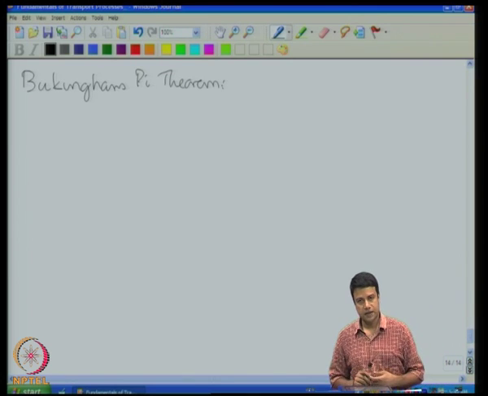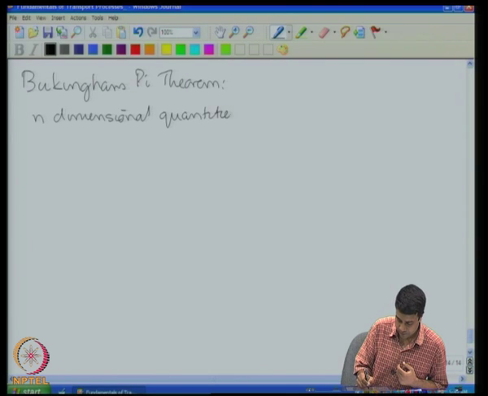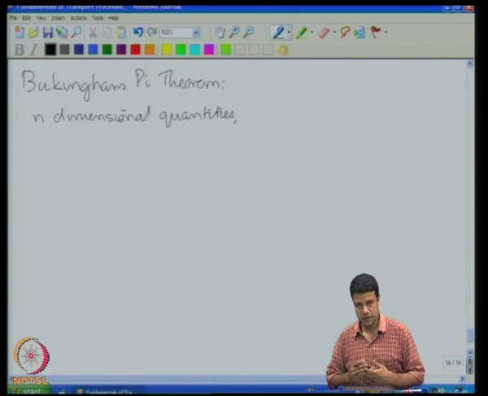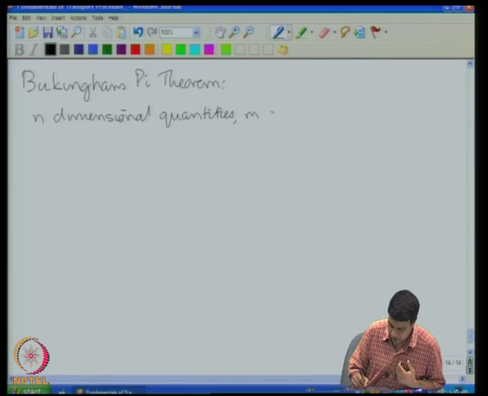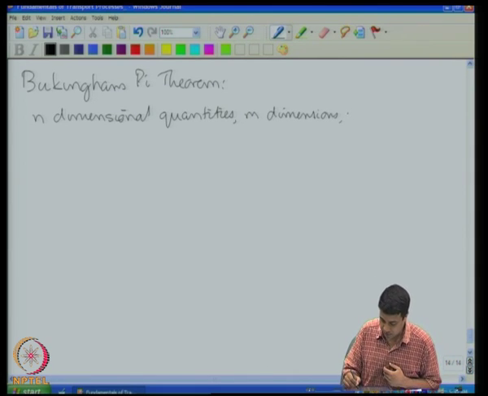What that says is that if I have a problem in which there are n dimensional quantities, like force, velocity, viscosity, density, etc., and these quantities involve a total of m dimensions, then one can write this as a relationship between n minus m dimensionless groups.